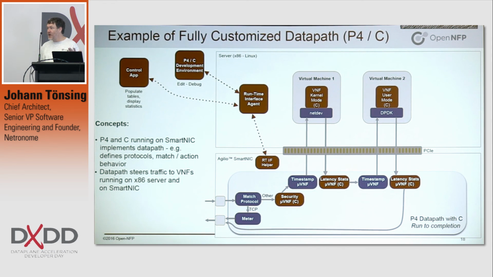Use the example of an IPS that I mentioned, where that IPS in C code in the VM may want to share tables with the IPS running in the SmartNIC. And this concept of the plugins, the C plugin in P4, is also not necessarily done in the same way in a switch. It may not be a plugin in the fast path in a switch. It might be more like a control processor plugin.